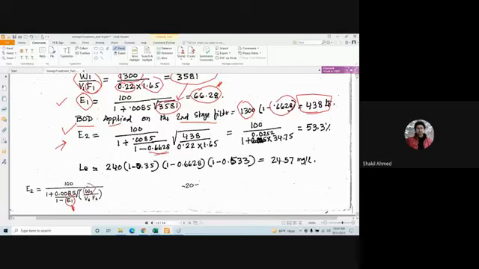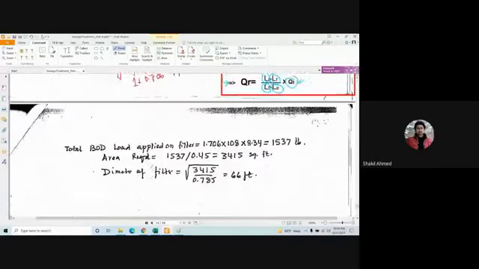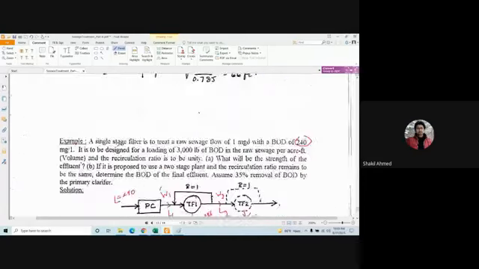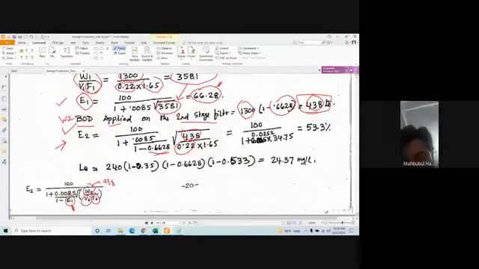W2, you just calculated, equals 438. V2, I already told you, each filter now has 0.22 acre feet volume. And F2, you need to calculate. What is the formula of F2, guys? F2 equals 1 plus R2 divided by 1 plus 0.1 R2. R2 equals 1, unity. So you just calculate F2. Clear? Yes, sir.